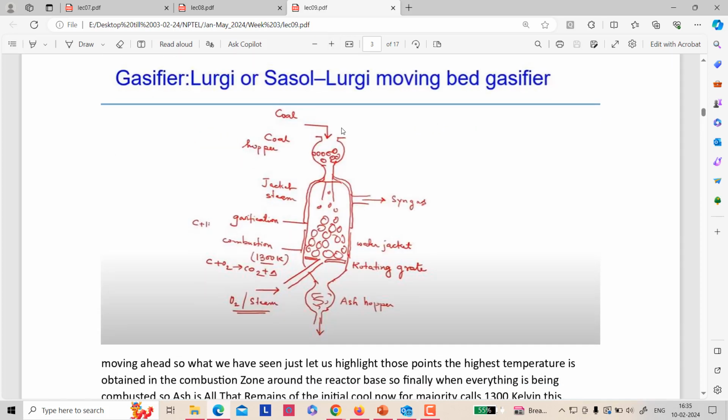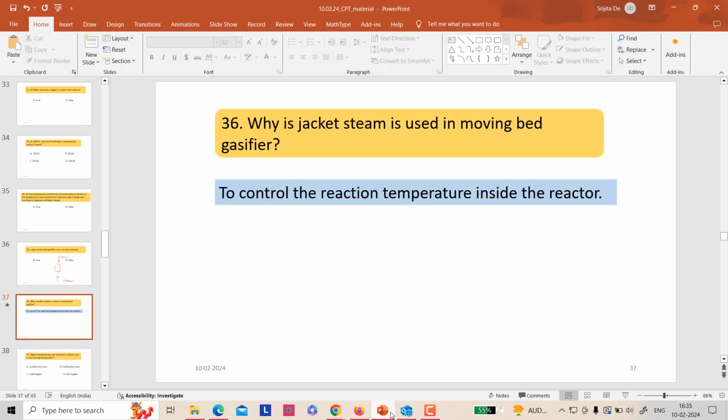So coal is coming from the top and steam is coming from the bottom, and in this reactor combustion reaction happens where C plus O2 produces carbon dioxide and then the gasification reactions happen. So combustion reaction is highly exothermic. So to control the temperature, a cooling jacket is used in the moving bed gasifier.